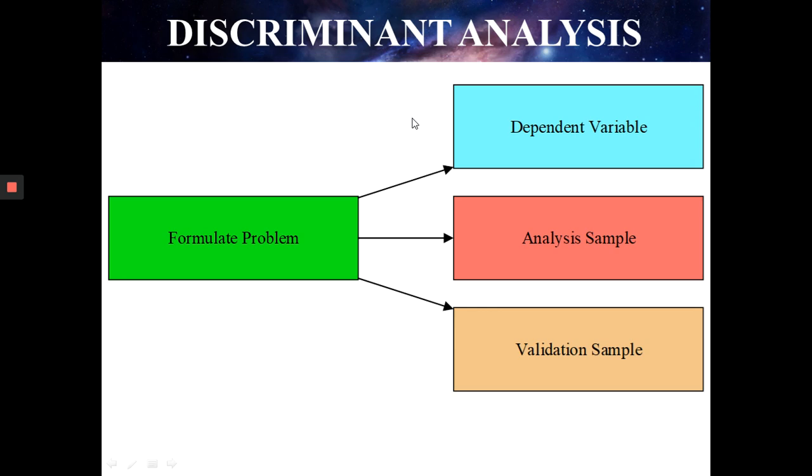When the dependent variable is interval or ratio scale, it must first be converted into categories. For example, attitude toward the brand measured on a 7-point scale: favorable is 1, 2, 3, neutral is 4, and favorable is 5, 6, 7.